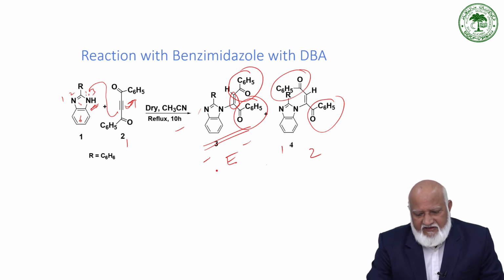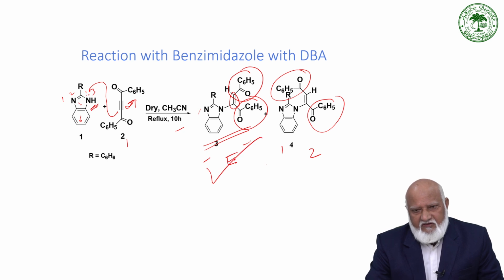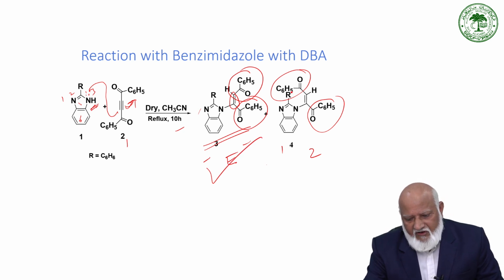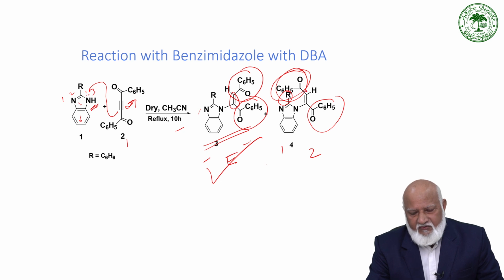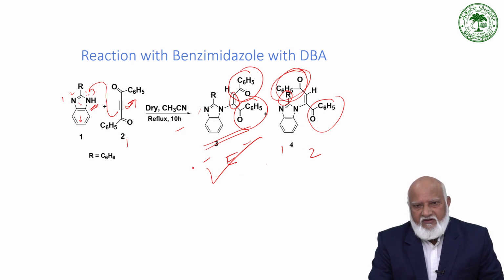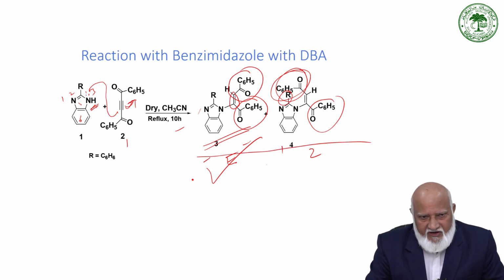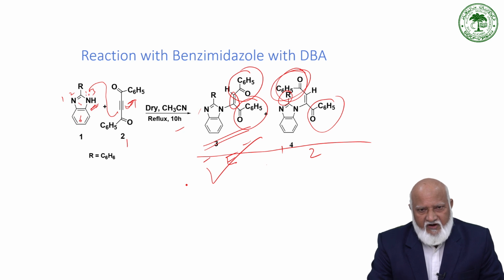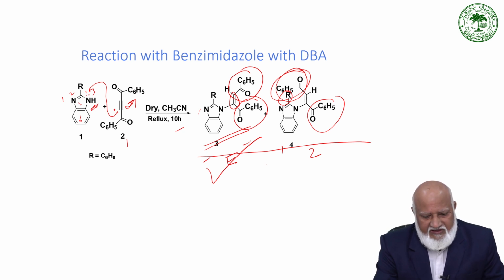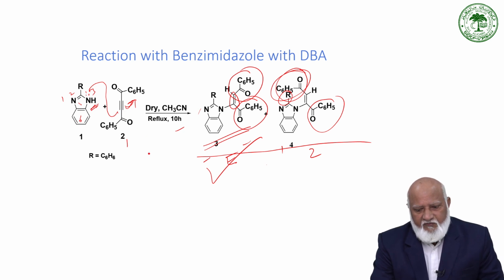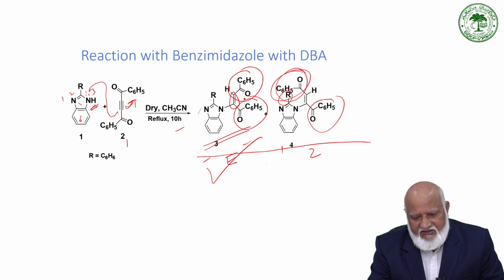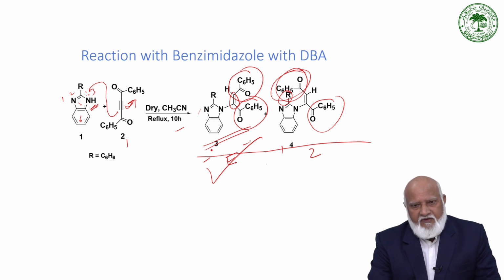and it has been found that the yield of formation of E is much higher compared to Z because of the steric hindrance between the benzoyl group here and the phenyl group over here. But anyhow, we get a mixture of these two products. So benzimidazole undergoes nucleophilic addition, with one of the nitrogens of the imidazole ring acting in a nucleophilic manner at one of the acetylene carbons, followed by abstraction of a proton, giving rise to dibenzoyl ethylene added to the benzimidazole.